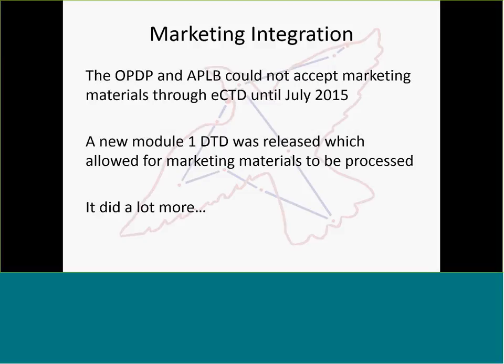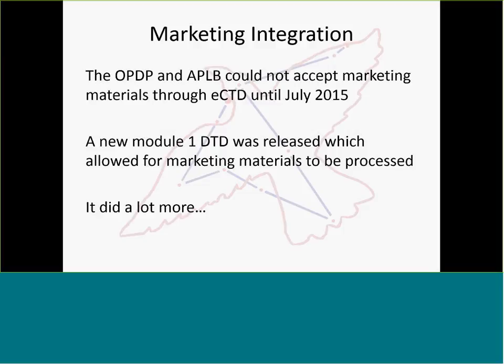In order to do that, and several other things, a new Module 1 DTD was released. A DTD is what defines your module, your XML, what defines how it's structured, what are valid values, where everything goes. That's what a DTD is.